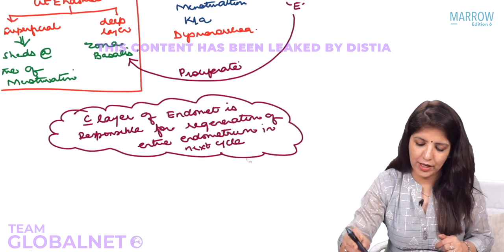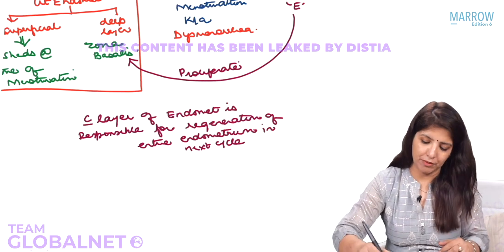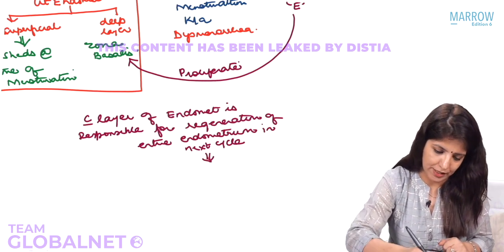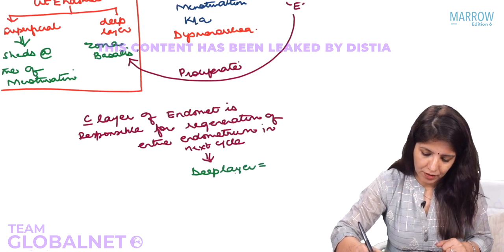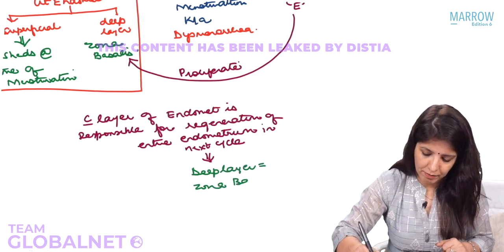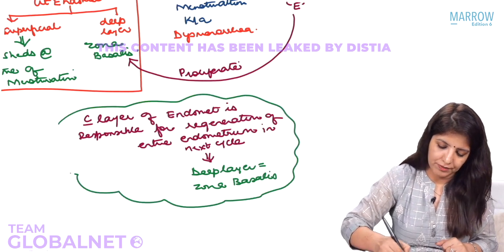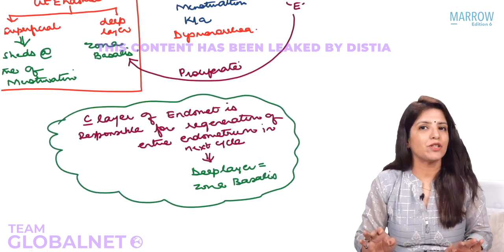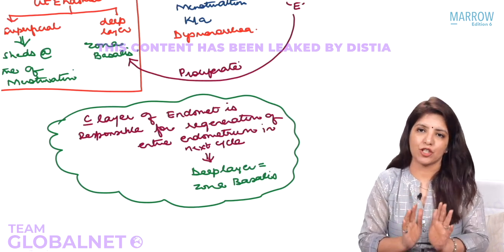Which layer is responsible for regeneration of the entire endometrium in the next cycle? You will say it is the deep layer, that is zona basalis. Have you understood the menstrual cycle? Right? So I have tried to simplify this as much as possible.